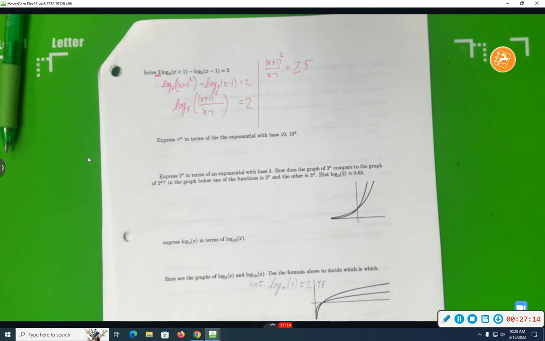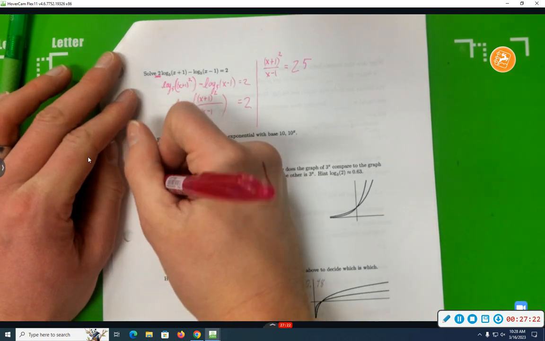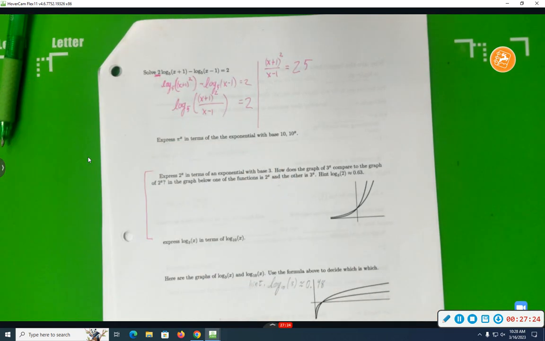Next, let's say some things about what these formulas let us do. Let's start by thinking about the change of base formula for exponentials. Maybe I'll even jump right down to here. Let's express 2 to the x in terms of an exponential with base 3.